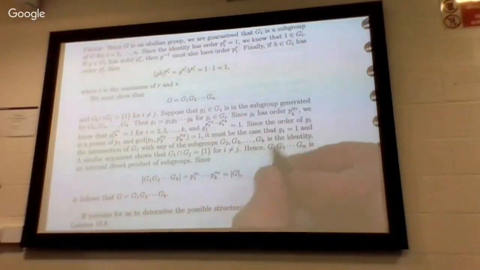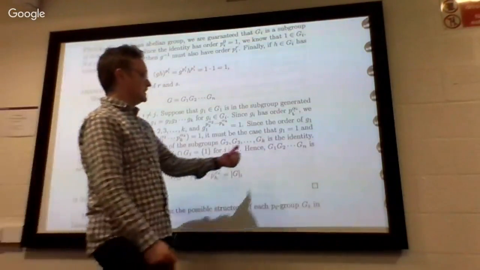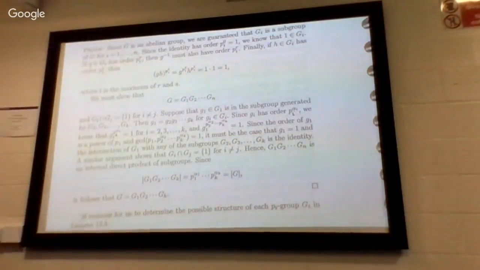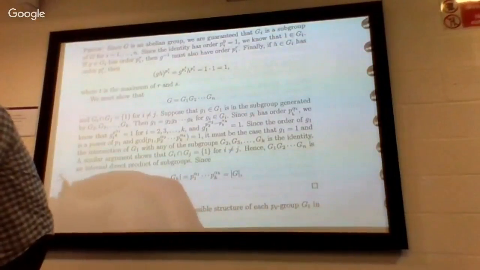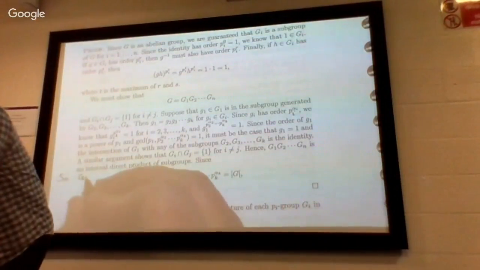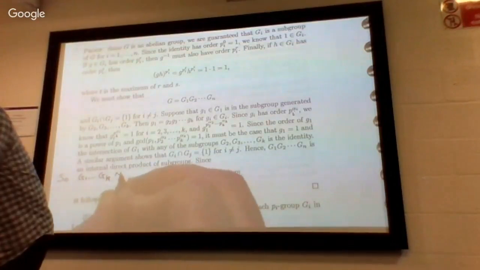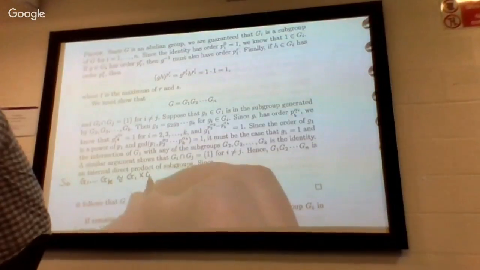Whatever this turns out to be, the setwise product of all the primary components, that is a subgroup of G, isomorphic to, and this is where he makes a leap. So I would write in here, G1 up to GK is an internal direct product of all of these.